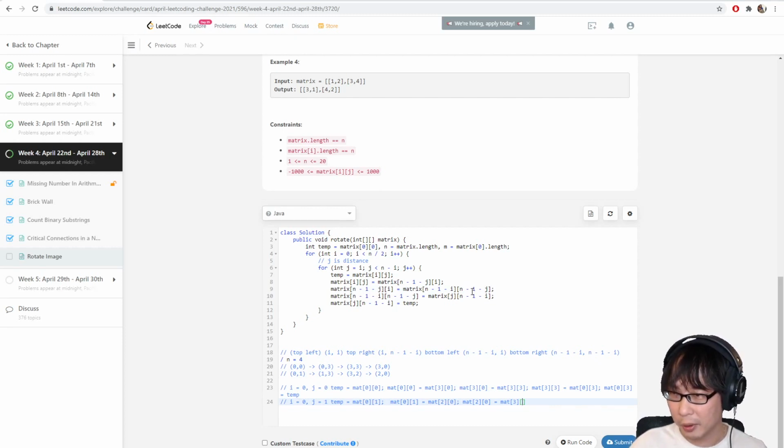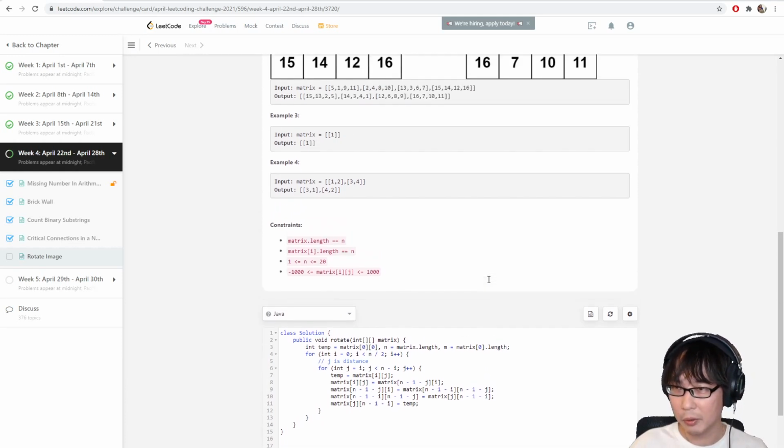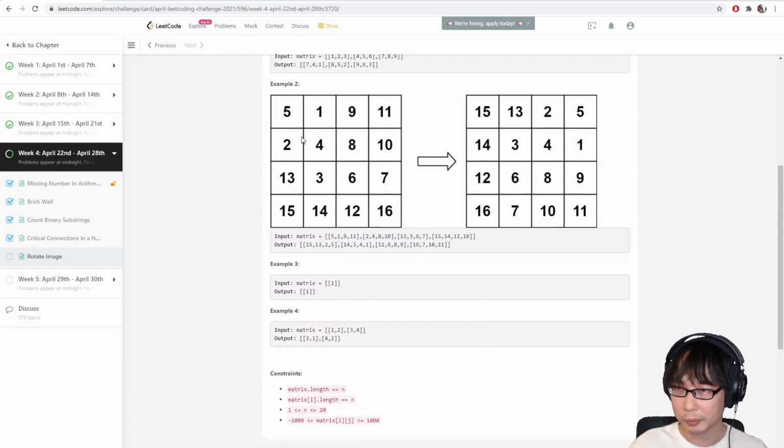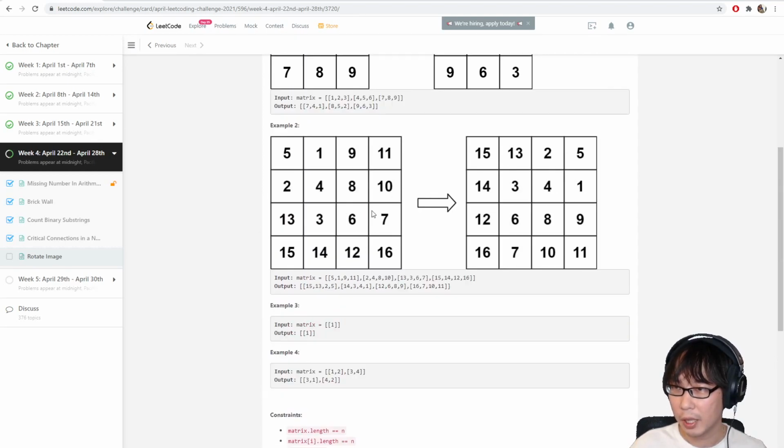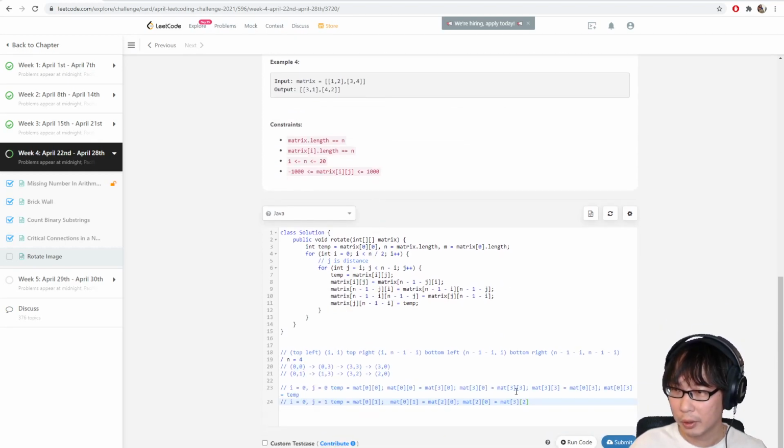Four minus 1 is 2. So which one is 3, 2? Oh, it looks correct. This moves to there, and then we need to have 10 move to here. So let's try it.